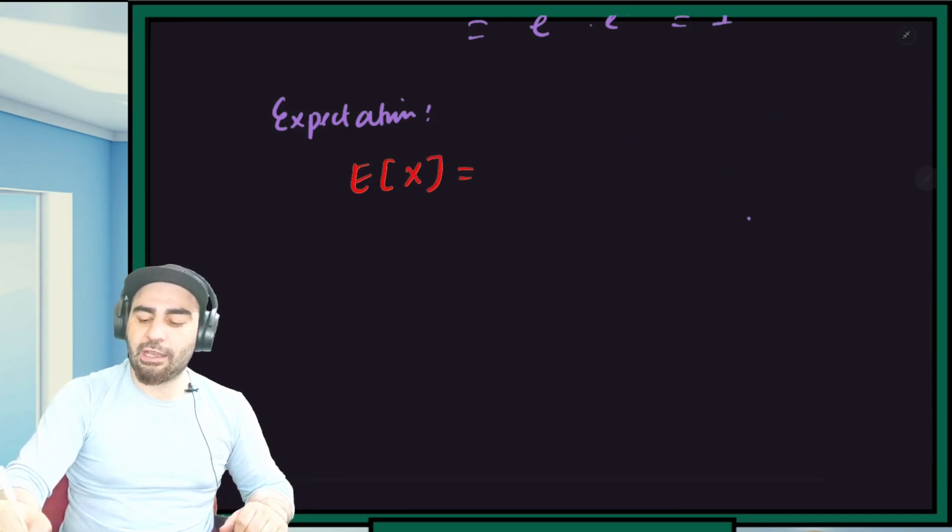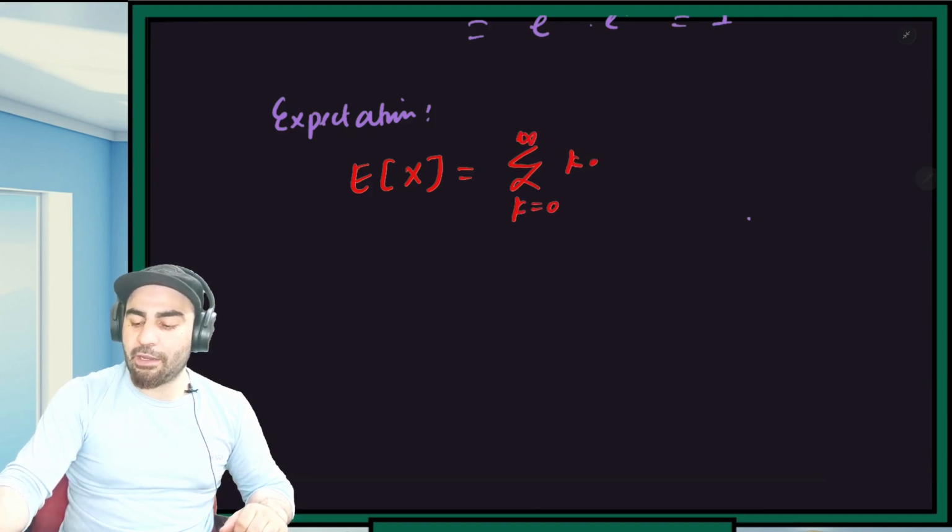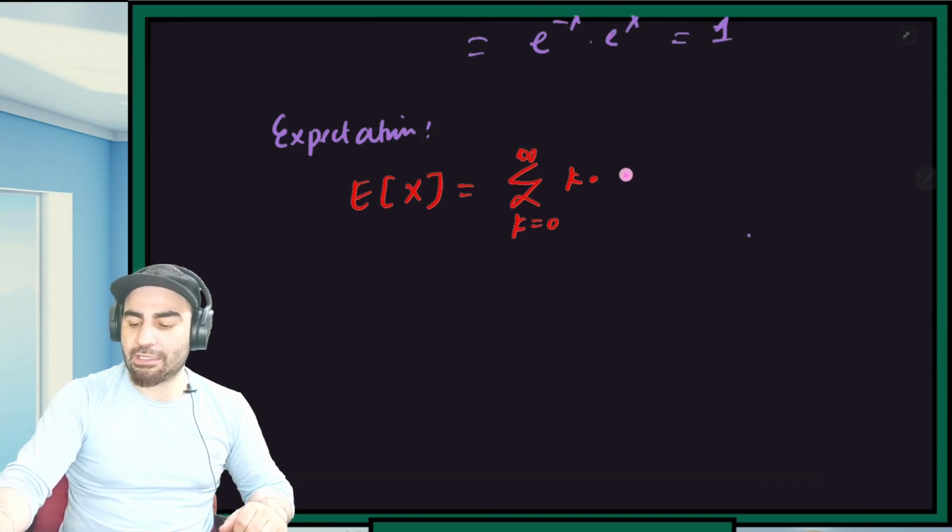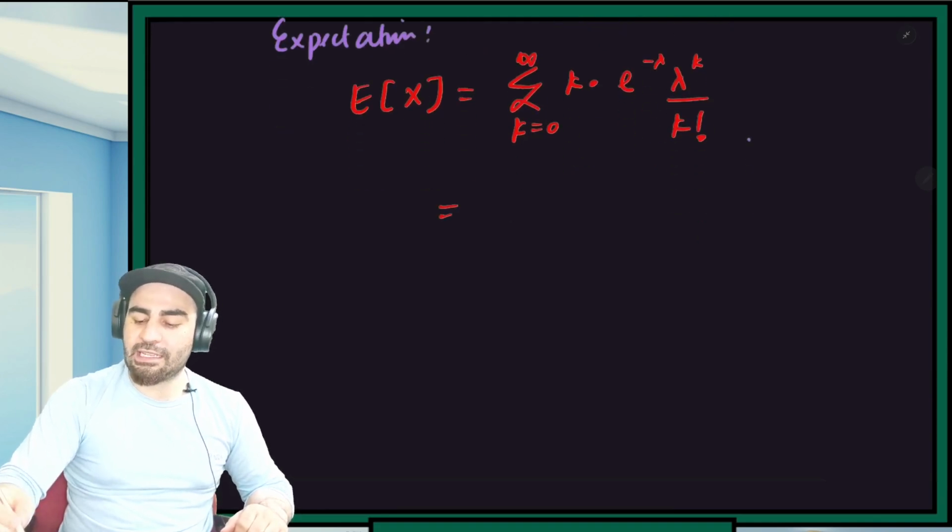This is a summation of k from 0 to infinity, k multiplied by the PMF of the Poisson random variable. What is that? That is e to the power minus lambda, lambda to the power k divided by k factorial. Now we'll bring this e to the power minus lambda out, because it is not dependent on the summation.